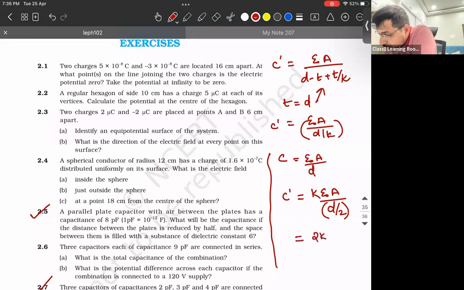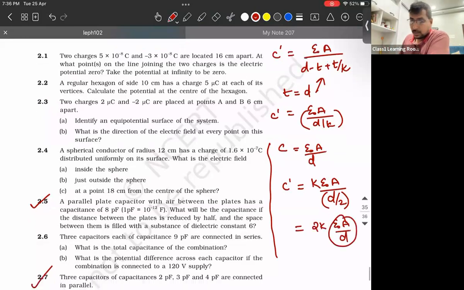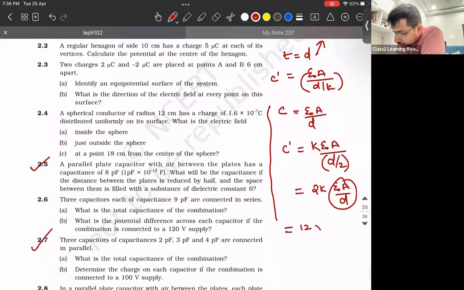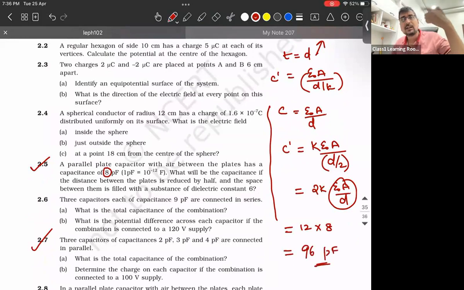So what you will do is 2K into epsilon naught A divided by D. So answer will be 12 into, what is the value of epsilon naught A divided by D? They have already given it. It is 8. So 12 into 8 is going to be 96. Means if the distance between the plates is decreased by half and the dielectric constant 6 is added, its capacitance will become 96 picofarad.